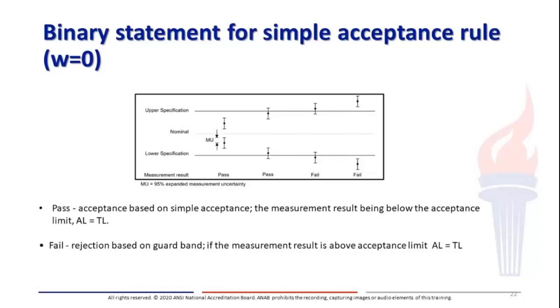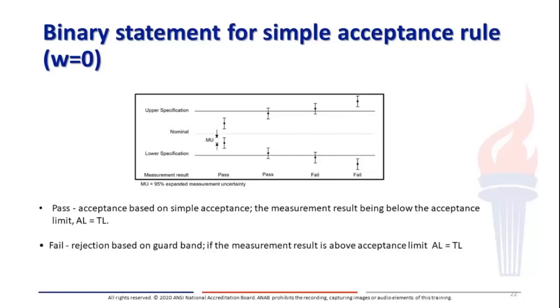In the second one, the measurement result is still inside the specification, but when we extend it with uncertainty, it breaches the limits. So there's a probability that we falsely accept that measurement with the extension of uncertainty.